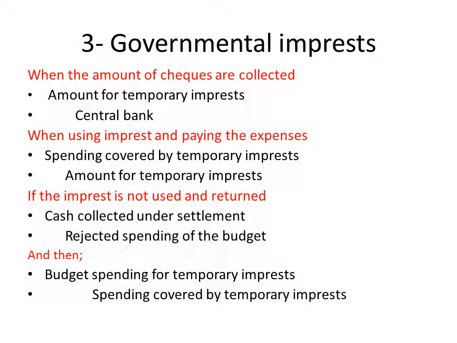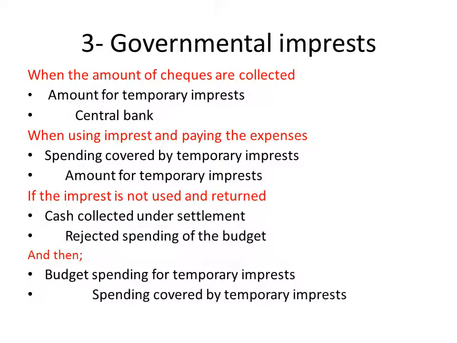And when using the interest and paying the expenses, the entry would be spending covered by temporary interest and amount for temporary interests. While if the interest is not used and returned, the entry would be cash collected under settlement and on the credit side rejected spending of the budget.